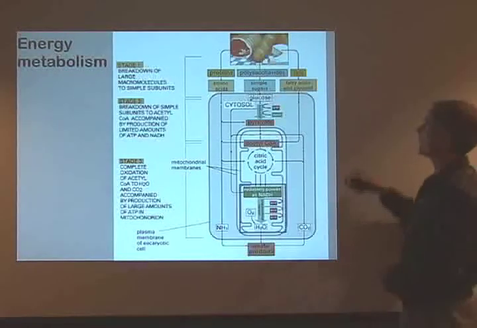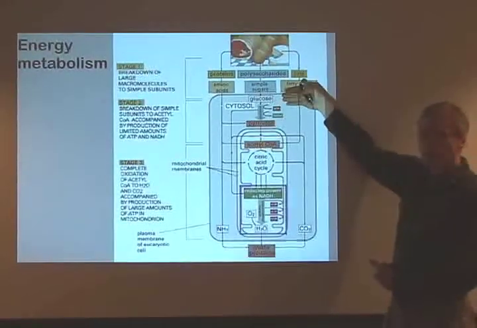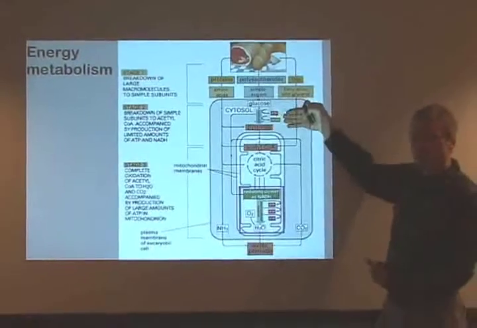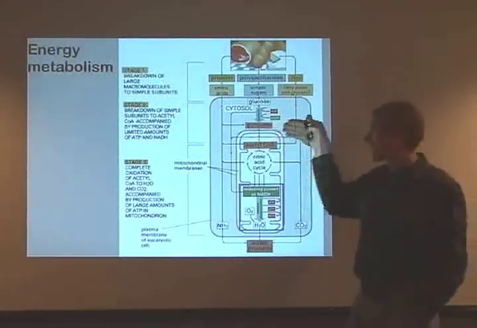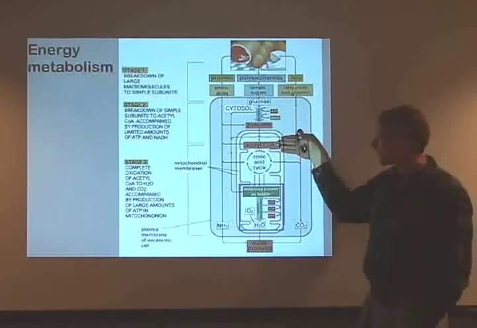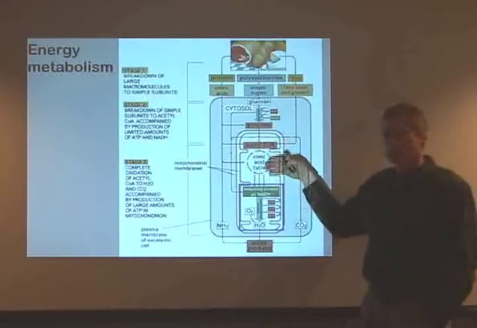So we've gone through food being broken down into glucose. Glycolysis takes glucose in the cytoplasm to pyruvate. Pyruvate is imported into mitochondria. It's broken down to acetyl-CoA. Acetyl-CoA feeds into the citric acid cycle, Krebs cycle, or TCA cycle.